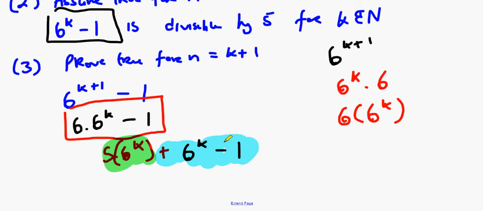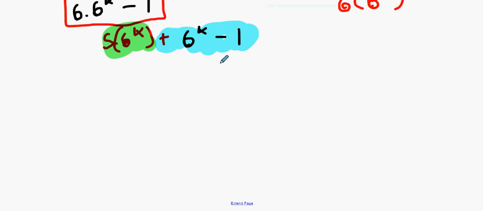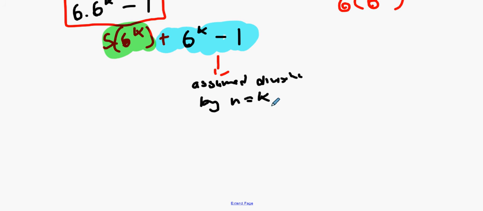Why is the blue part divisible by 5? Assumed divisible, wasn't it? That was part 2, no? Assumed divisible for n equals k.